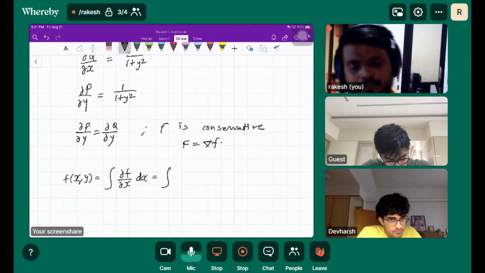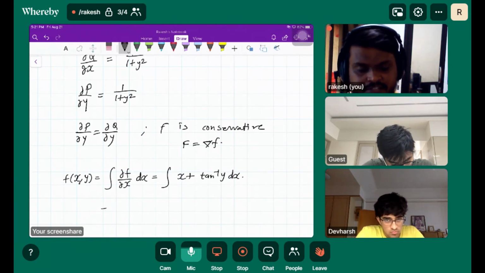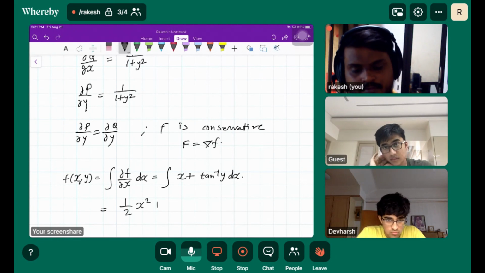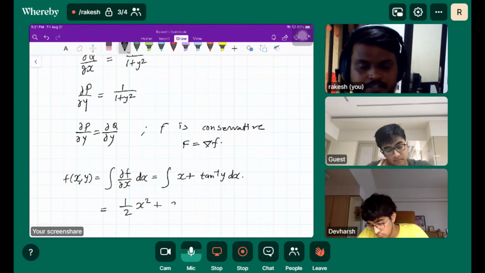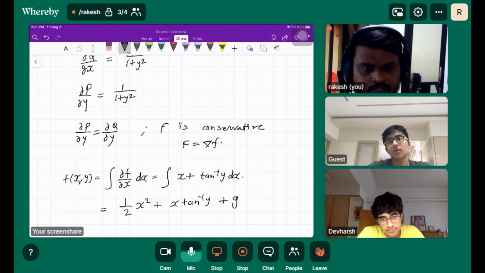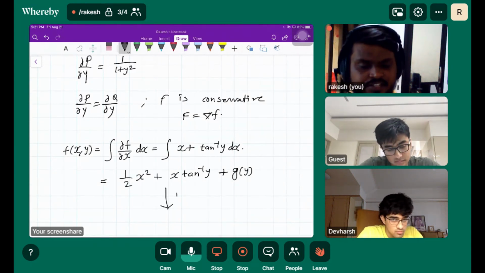So the partial derivative was x plus tan inverse y, and we integrate this with respect to x. So 1 upon 2 x square plus x tan inverse y plus g of y.